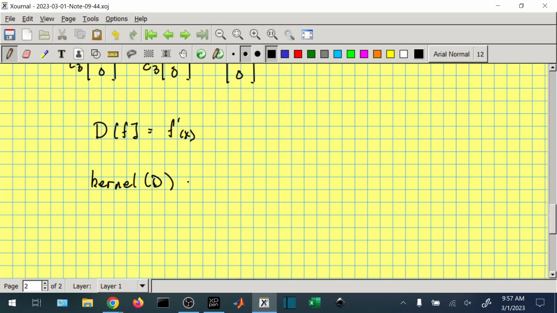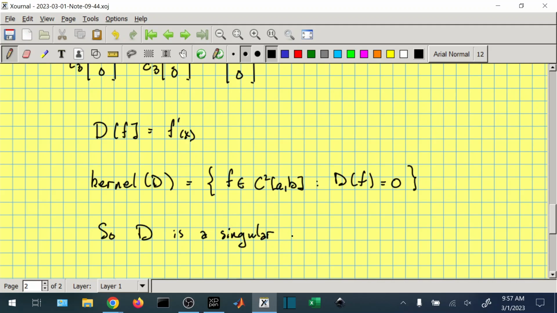Of D. The kernel of D is the set of all functions f such that D of f equals 0. Ooh. How many functions have a derivative that's equal to 0 everywhere? All the constant functions? Isn't that infinitely many? Yes. So D is singular, right? Linear transformation. It's not even non-singular.